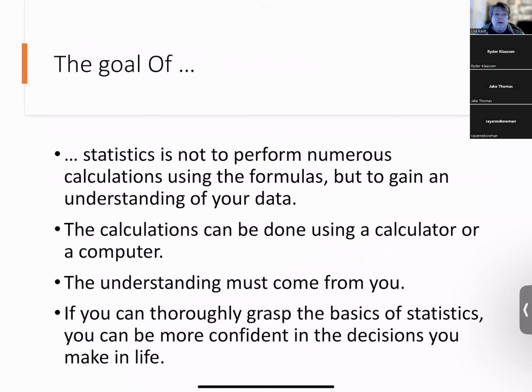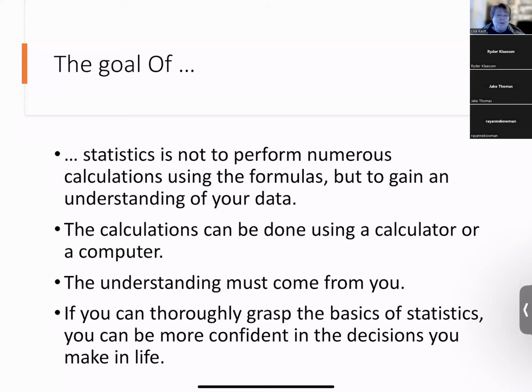So again, what's the goal of statistics? It's not just to perform the calculations, although certainly you have to do that because you have to get an answer that you type into MyOpenMath. But hopefully to get an understanding of why you're getting that answer and why that answer is important. What does it mean? And again, I highly encourage you on those multiple choice, I feel like I should take all the multiple choice out.